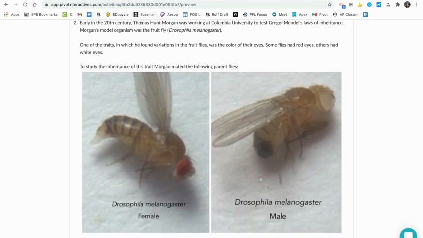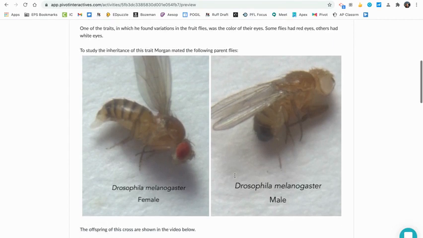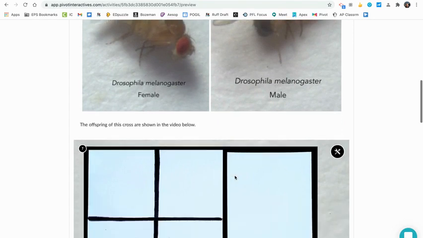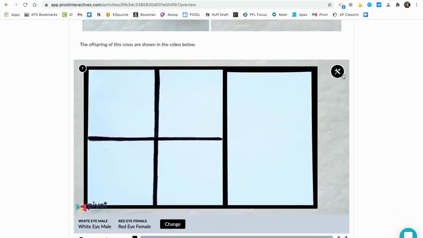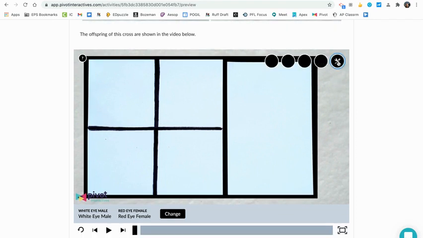So you're supposed to look at the flies and try to figure out male versus female and white versus red and all that stuff, okay? And here's your tools. If you're not sure where to find stuff, you can pop over to my screen for a second and look. There's a little toolbox at the top, and there are little labels so that you can label the boxes. So that's what those are for, okay?